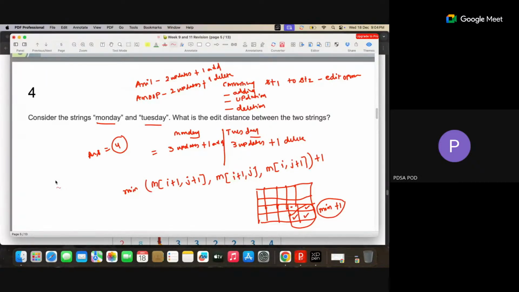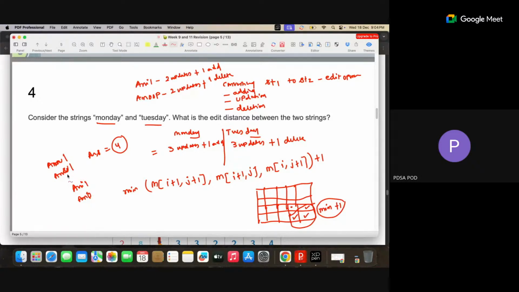To convert the first string to the second string, either first string operations or second string operations are required, like Anil and Amul. Let me try this one. ANIL, maybe Anul, you try it.